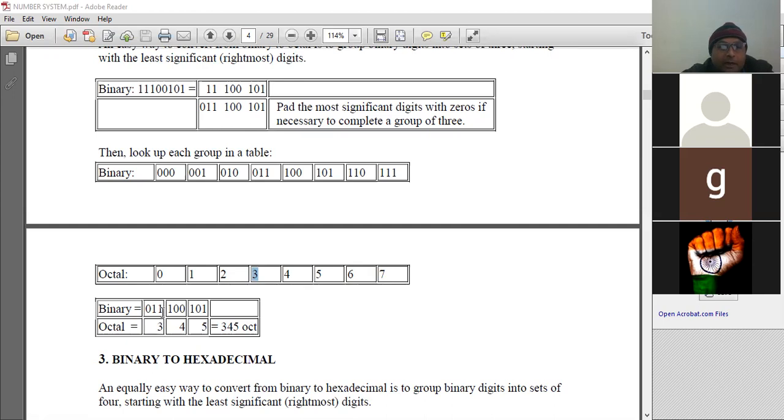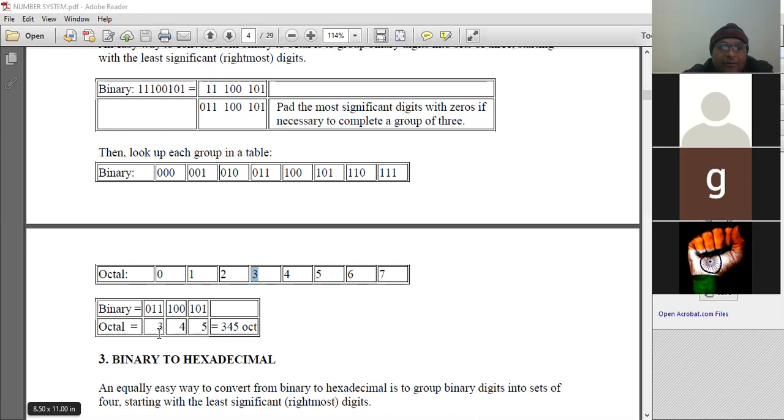Suppose we were converting a binary number to another form, what were we doing? 1 into 2 raised to 0 is 1. 1 into 2 raised to 1 is 2. So 2 plus 1 is 3, so this is represented by 3.